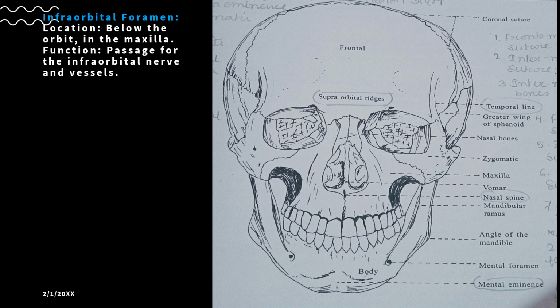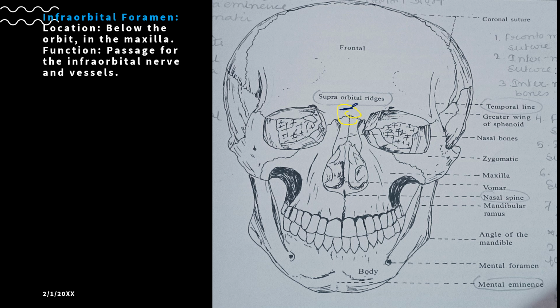Now, in this diagram, we will quickly recall the landmarks. The area between the frontal bone and the nasal bone is known as nasion, the yellow mark. Let me do the landmark first. And a little above, I am highlighting it with blue color.